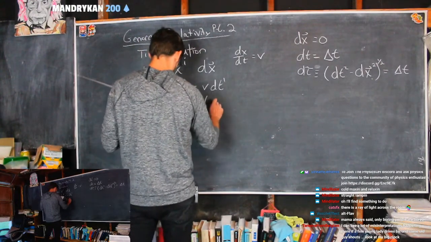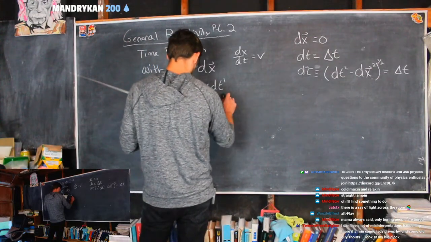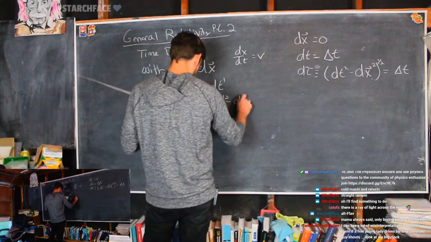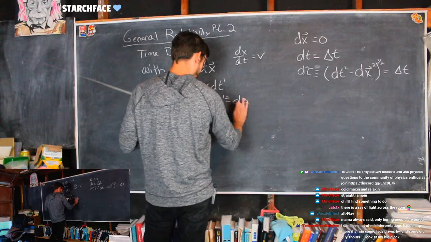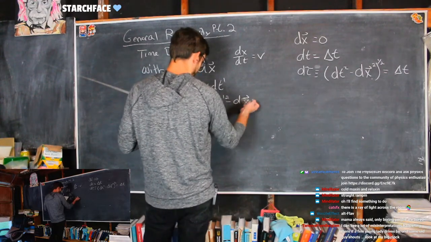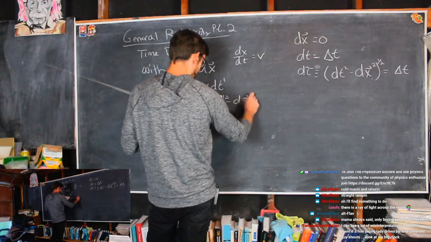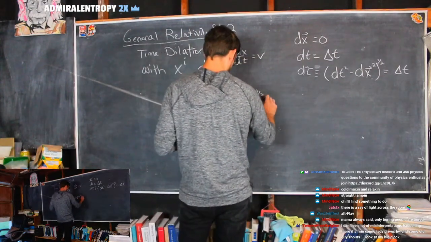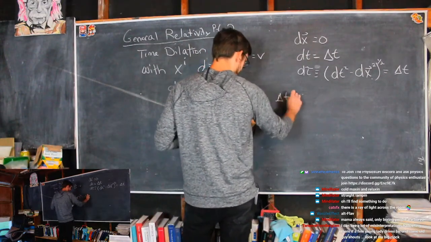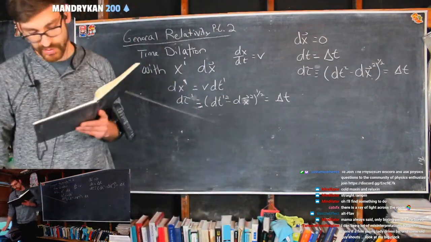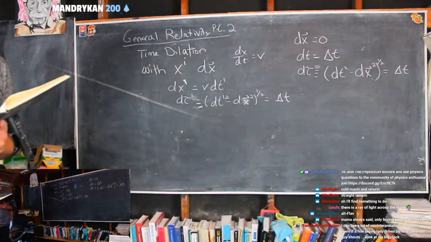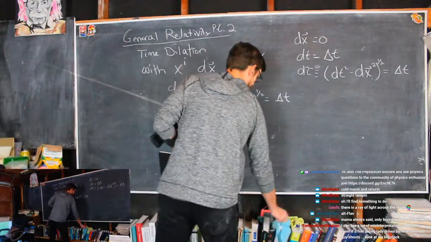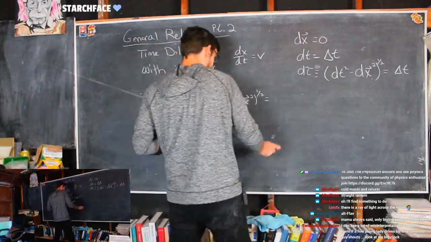Well, that's going to equal dt prime squared minus our 3-vector squared, where two of the components are going to be 0 because he's only moving in one direction. So it's really just going to be the one component of x. And that's going to be equal to... Oh, no, excuse me. I read the wrong part of the notes. That's going to be equal to what?